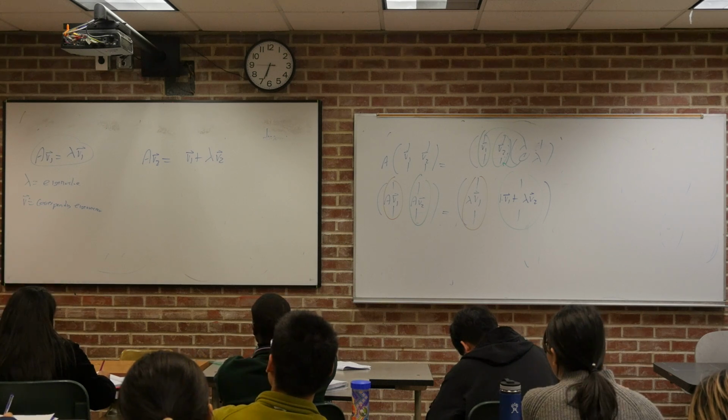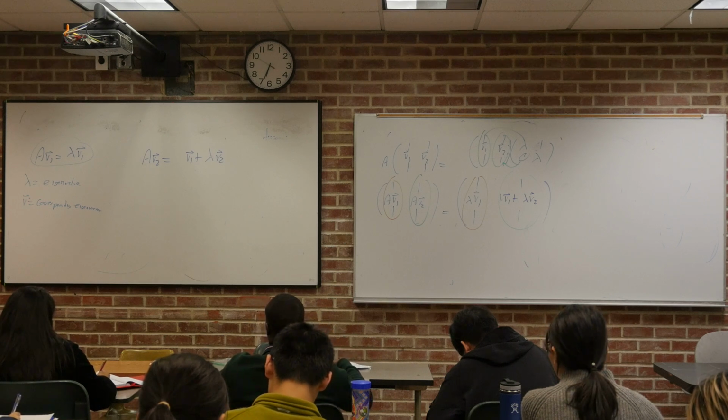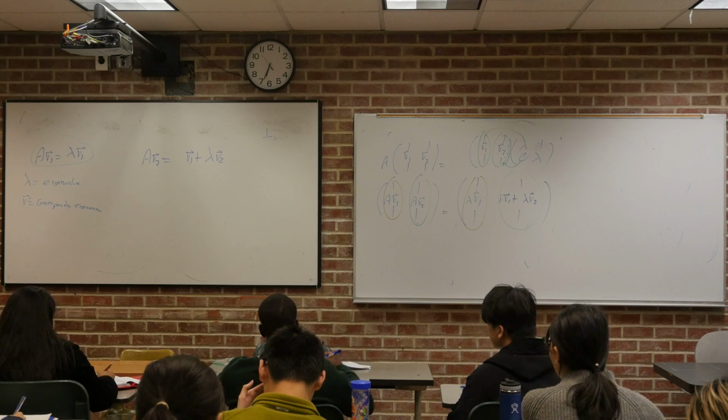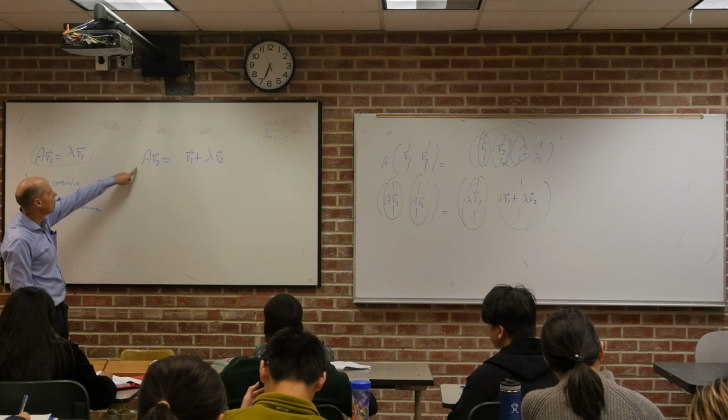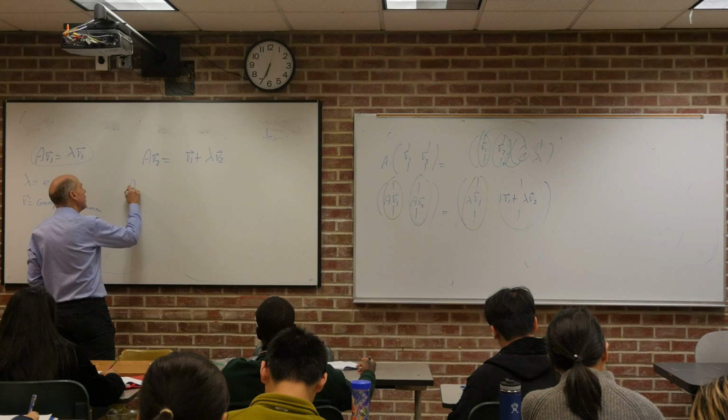So lambda is the eigenvalue, and v1 is the corresponding eigenvector. This one is a little bit weird. I'm going to work with this a little bit.